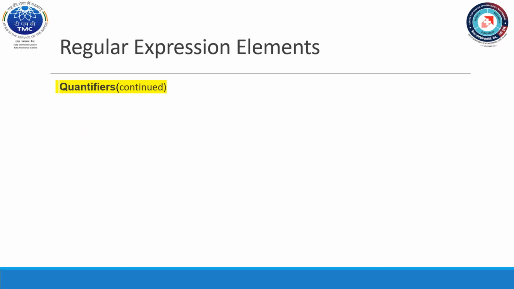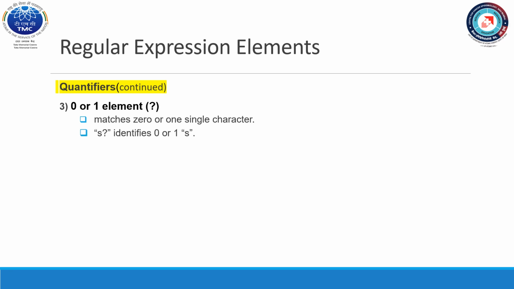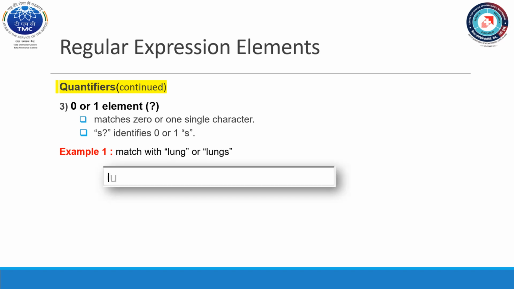Third quantifier is the question mark for 0 to 1 elements, meaning it matches 0 or one single character. Character S question mark identifies 0 or 1 S. For example, match with lung or lungs. The regular expression is lungs?.